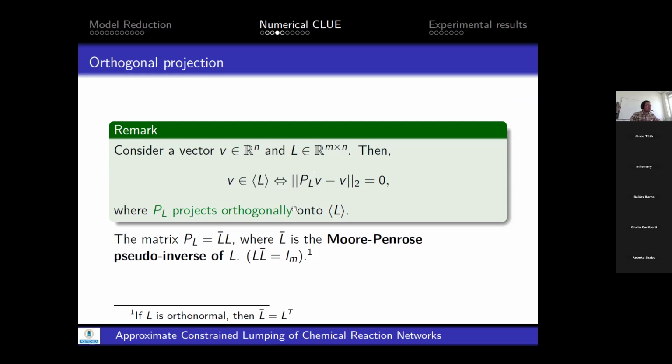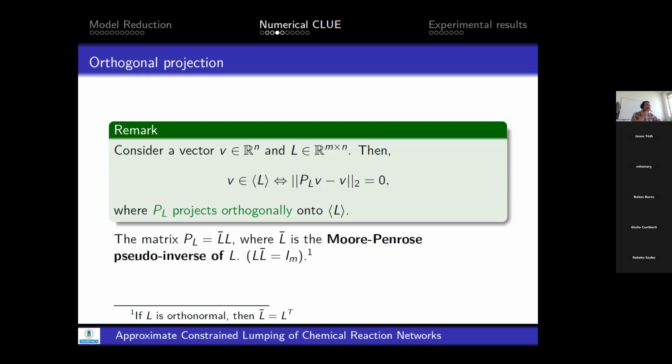Some technical details here, right? Computing the orthogonal projection can be done by taking this matrix. Your L defines with its rows the space you are projecting into, and then you multiply from the left with the Moore-Penrose pseudo-inverse of L, meaning that if you multiply L times L bar, you get the identity. If you multiply it from the other side, you get a square matrix of n times n, which will not be the identity in most cases.